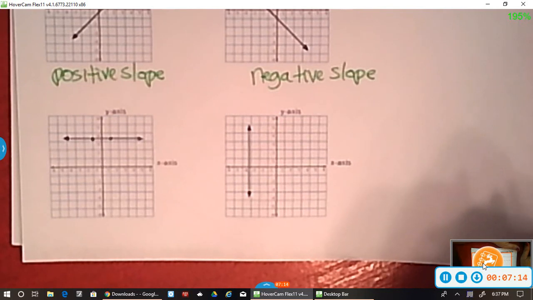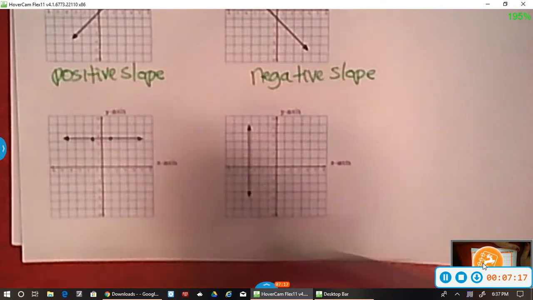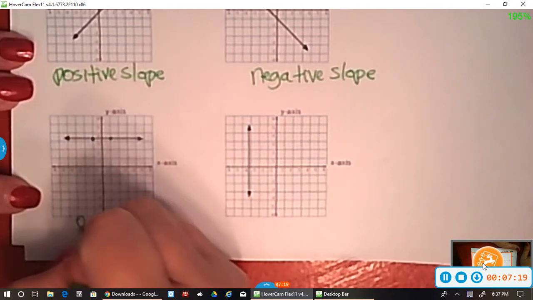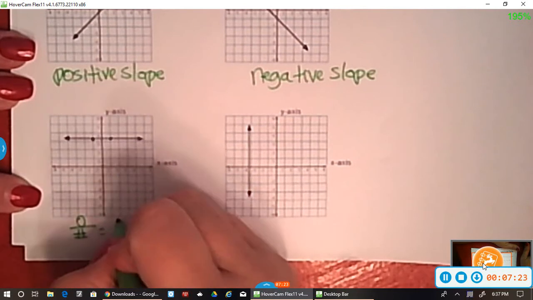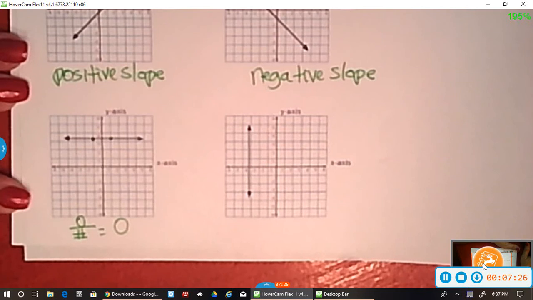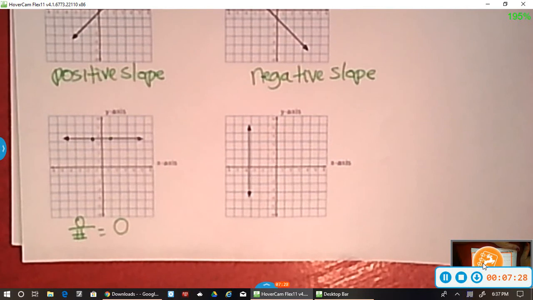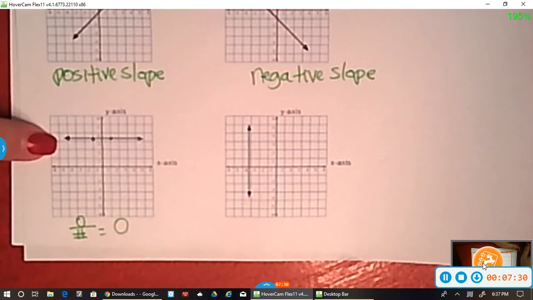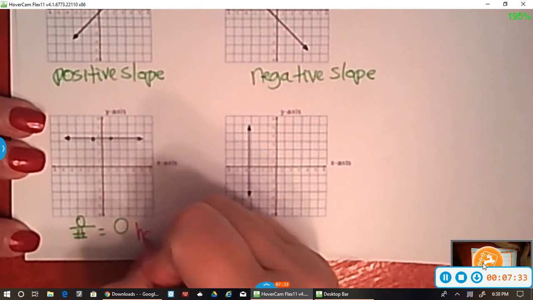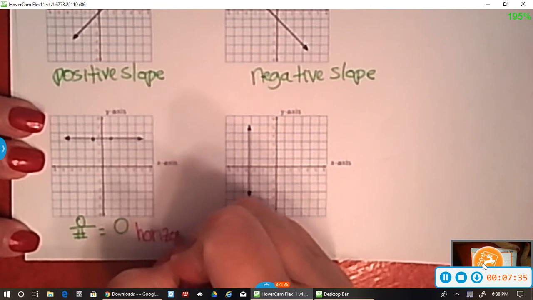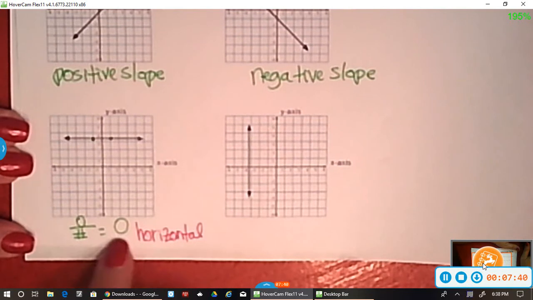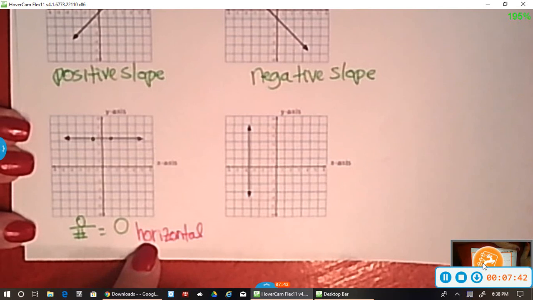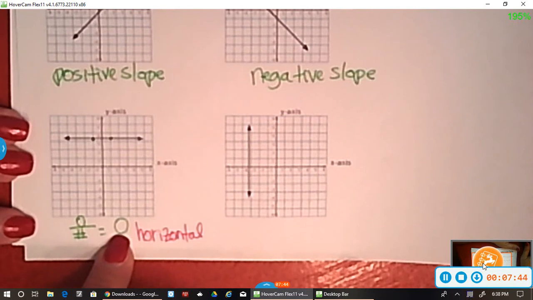So if I take my y values and subtract something from itself, I get a 0 on top, and then I'm going to get a number on the bottom, which means it is 0 slope. Well, 0 slope is a horizontal line. And the way I remember that is horizontal has an O in it, which kind of looks like a 0. So horizontal has 0 slope.